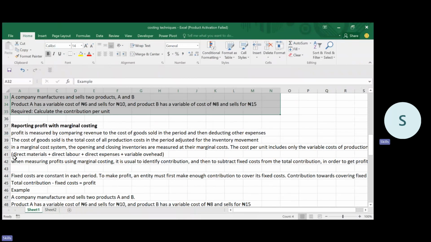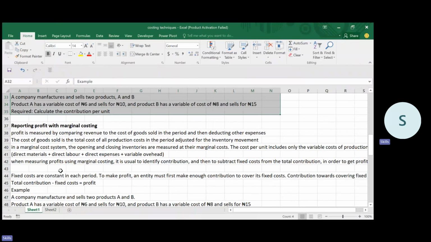These are examples of the variable cost: direct materials, direct labor, direct expenses, and variable overhead. No fixed cost.